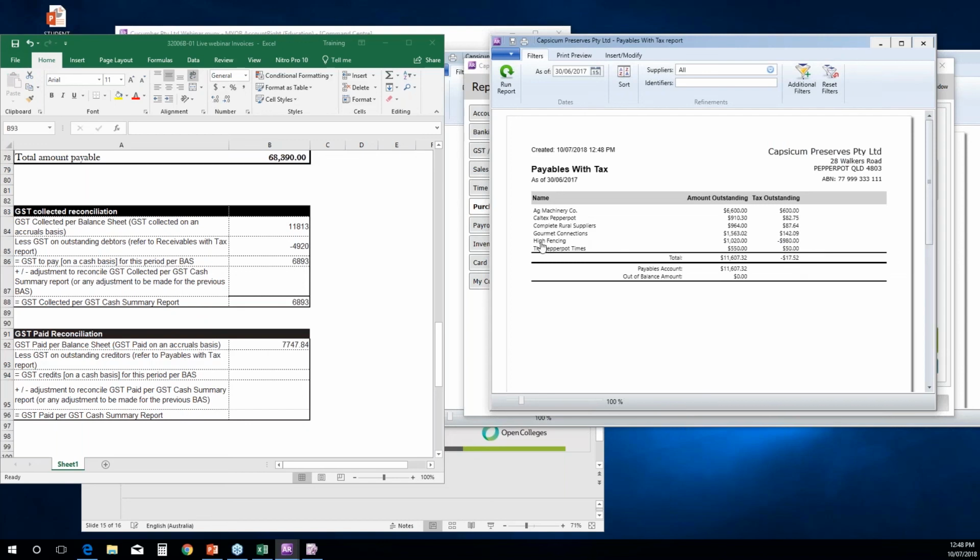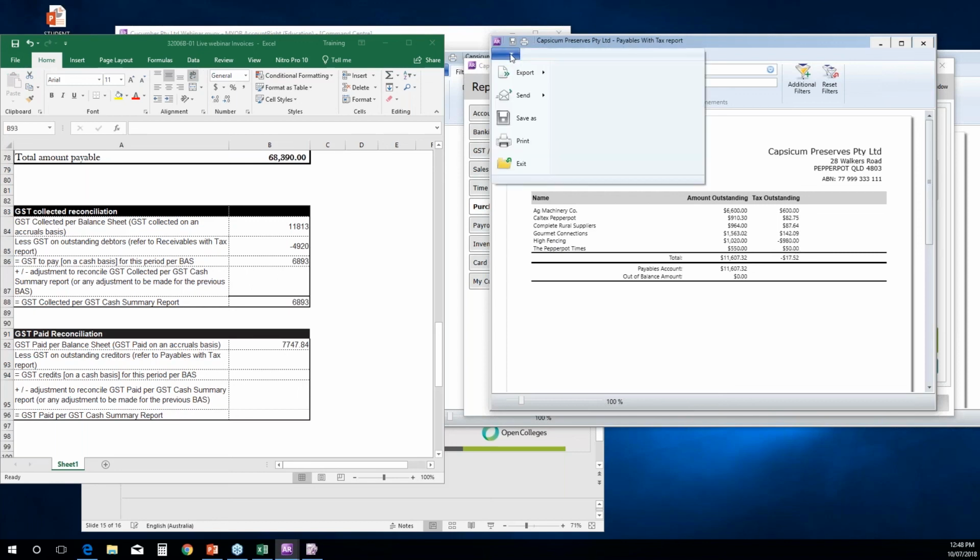But if you have a look at this minus 980, tax withheld from Hi Fencing, as you can see, this is not GST. So you have to exclude that no-ABN withholding tax when you calculate outstanding GST for purchases.